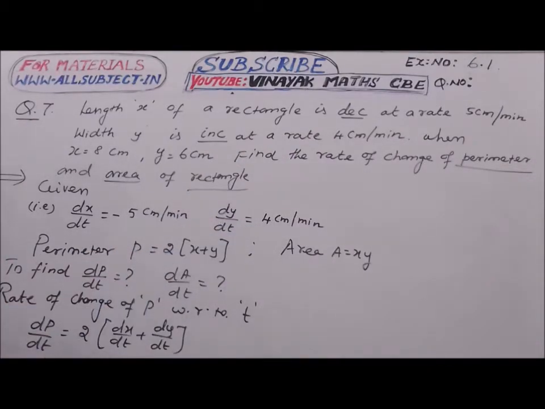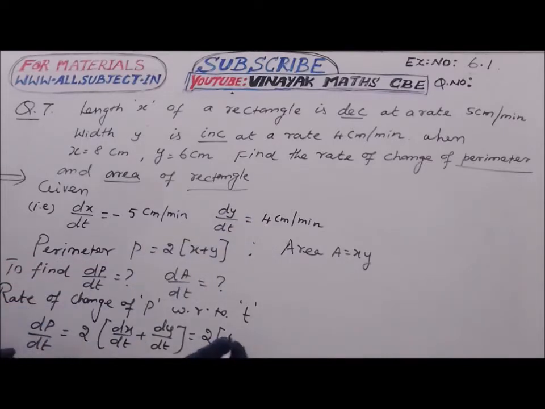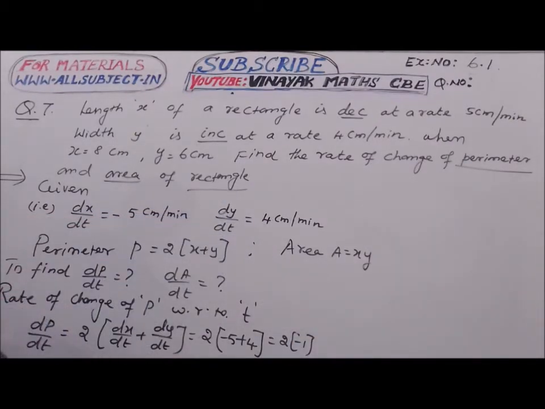Substituting in it and simplifying, we will get the answer, which will be equal to 2 into dx by dt, which is minus 5, dy by dt is plus 4, so minus 5 plus 4, that is equal to 2 into minus 1, equal to minus 2 centimeter per minute.